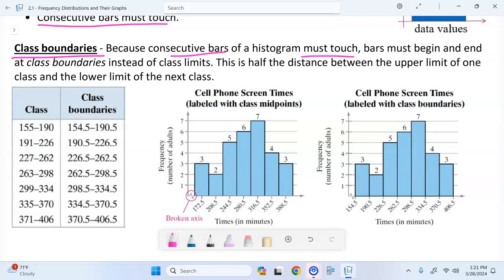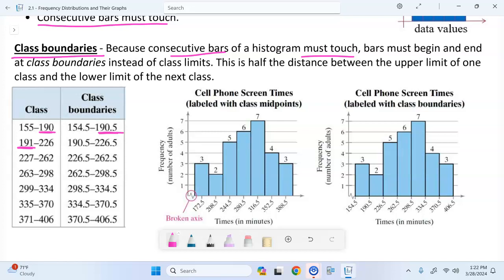If one class ends at 190 and the next one starts at 191, we need to have the class boundary right in the middle of the two. Well, what number is right in the middle of 190 and 191? 190.5. So we have that class boundary of 190.5.